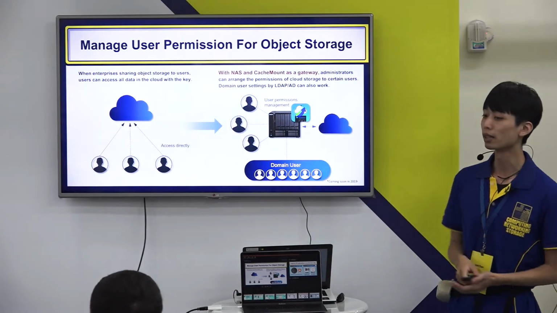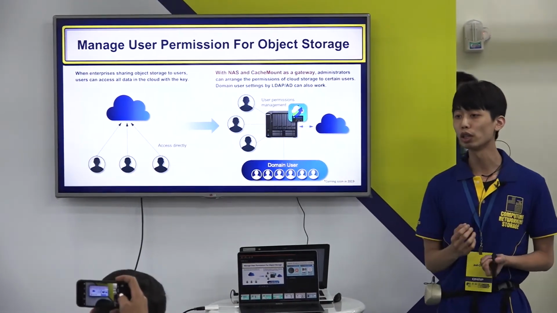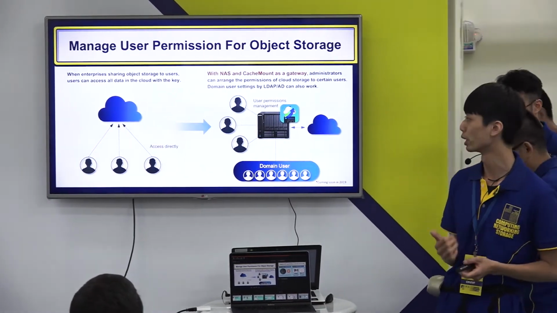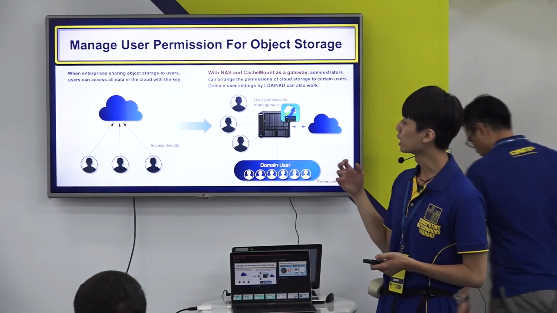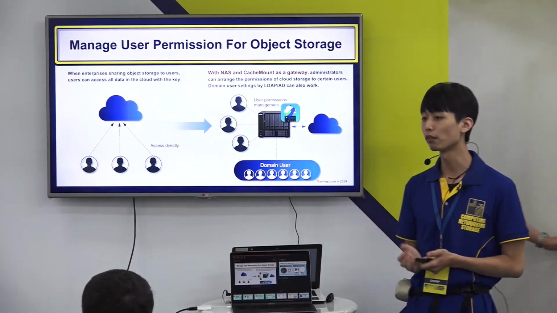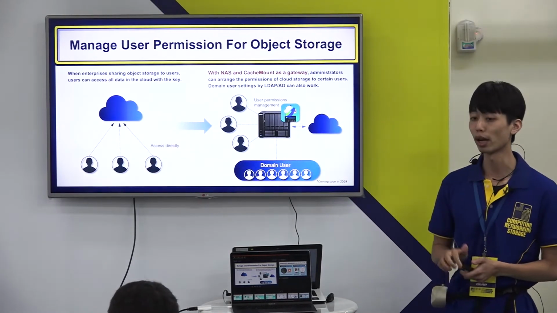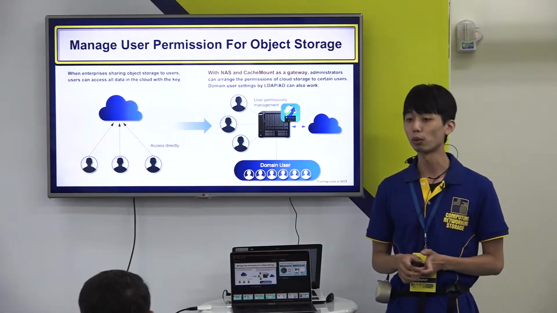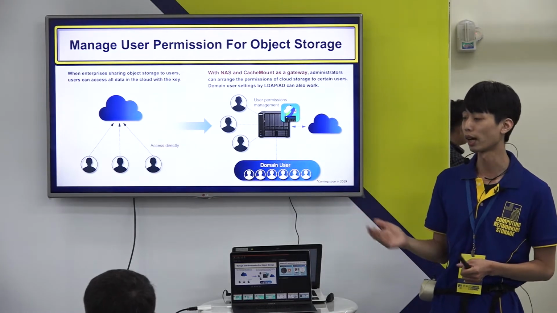And another benefit is that we know object storage is not usually used for file sharing, for some reasons. One of the reasons is that it is really not convenient to set up user permissions to access the cloud storage. Usually, a user who is given the access key can access all cloud storage data.